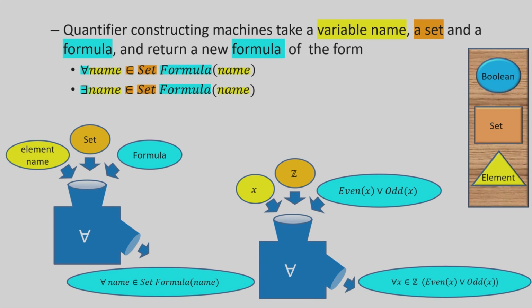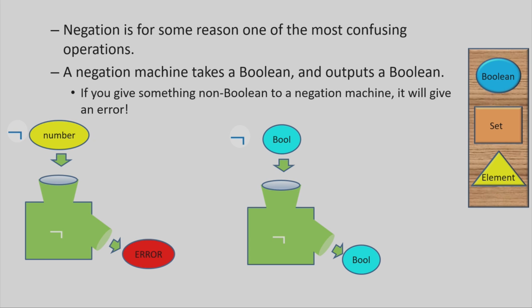So again, think about them as machines. They get an input of some types, and they produce an output of some type. And if they get the wrong input, well, they will give you an error. So somehow negation is the one which causes most trouble to people, unless they think as computer scientists, unless they think computation.